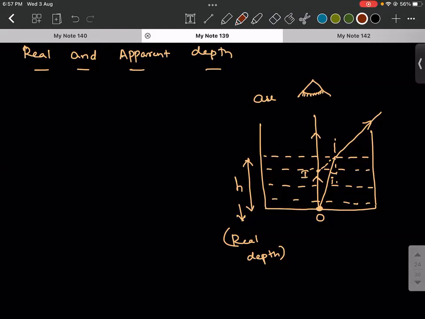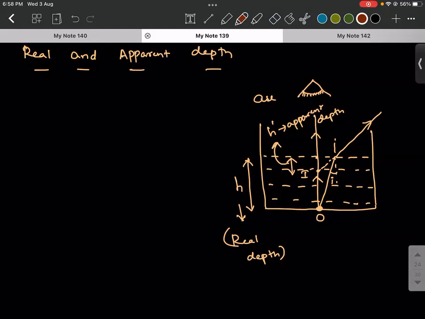If you measure the depth from the top to the point I, let me call that H dash, and this H dash is what is called apparent depth.